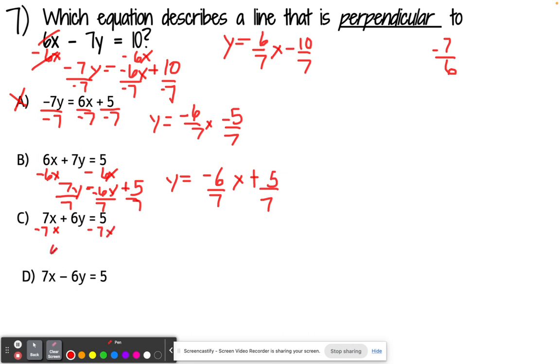And I get 6y equals negative 7x plus 5. Last step, I need to divide everything by 6.